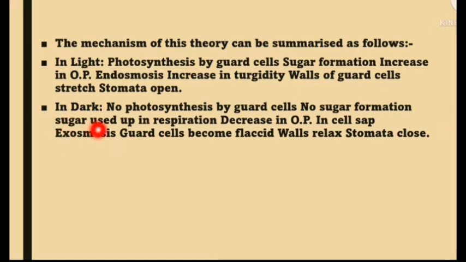Now, during the night, no photosynthesis occurs in guard cells. So, no sugar formation takes place. The sugar formed is used up in respiration. Now, there is a decrease in the osmotic potential. Now, in cell sap, exosmosis occurs. Guard cells become flaccid, walls relax and stomata close.